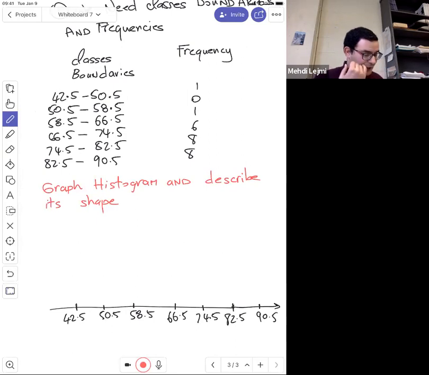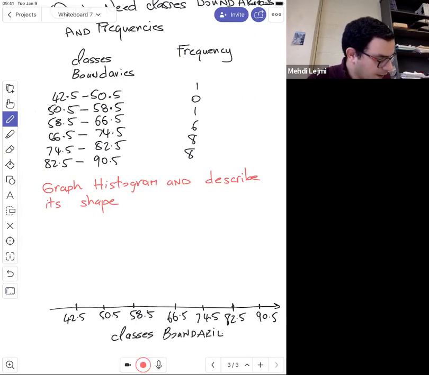So on the horizontal axis, we have our class boundaries, and then on the vertical axis, we're going to have our frequency.